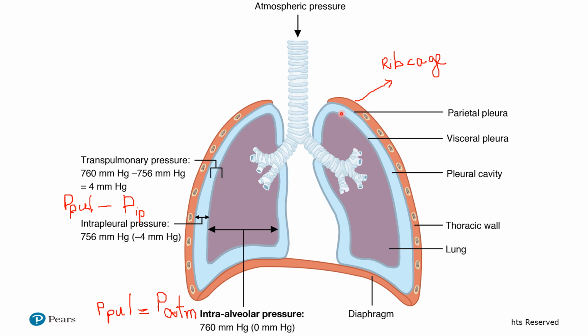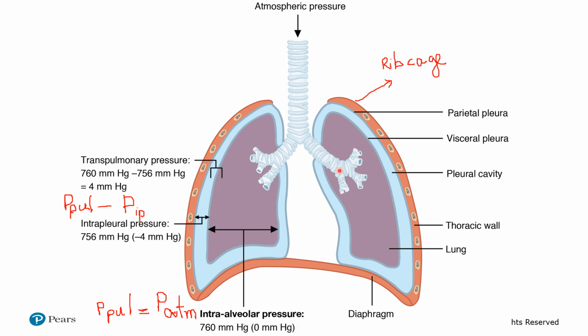And that visceral pleura is then stuck to the lung. So when the rib cage pulls on the parietal pleura, it also pulls on the visceral pleura, and the visceral pleura pulls on the lungs. So this rib cage wants to pull this system outside. This is the natural elasticity of the rib cage.